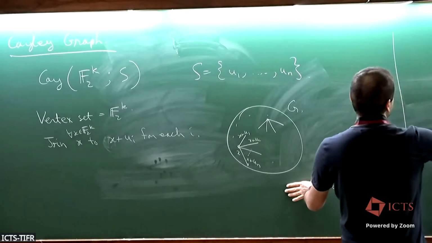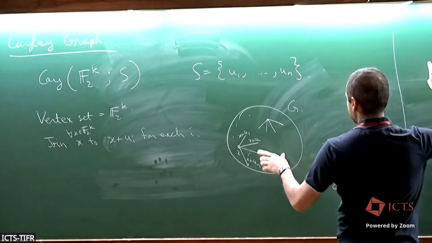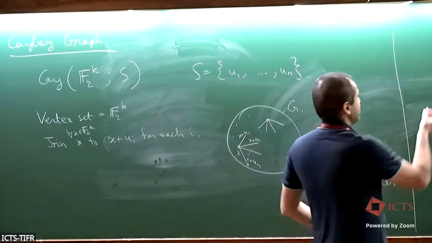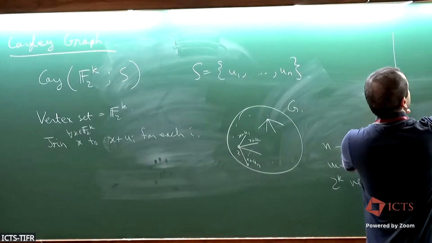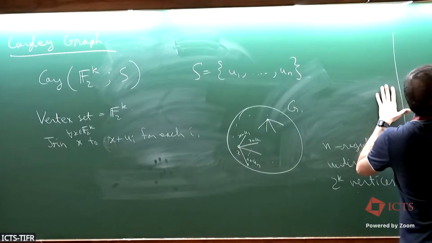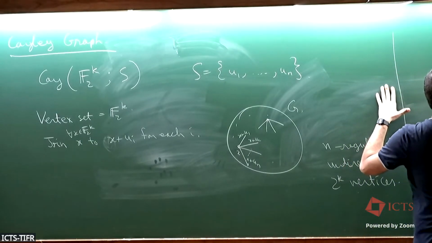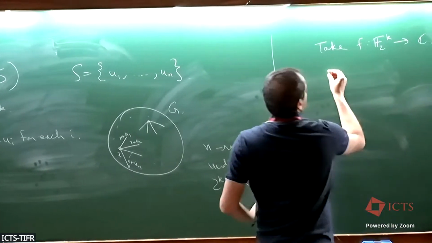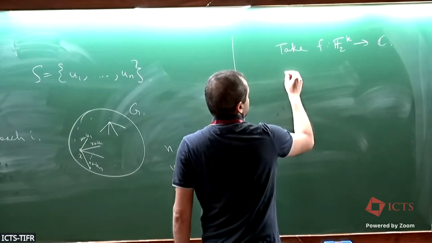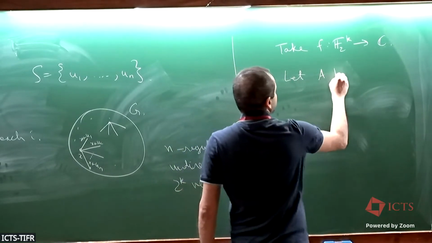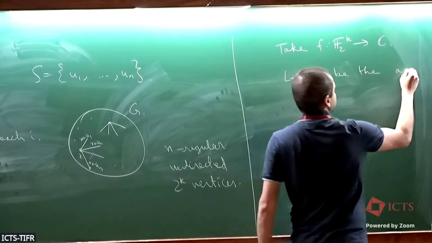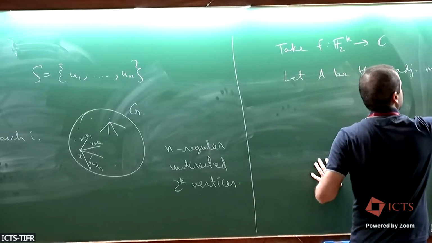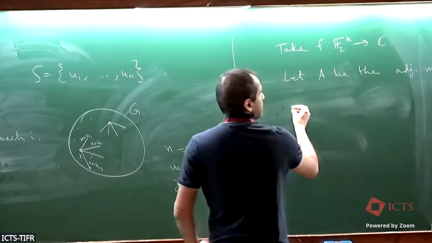So let's first see what the action is. Let's take the adjacency matrix of this graph and see its action on functions. So take f from F2 to the k to the reals or complexes, yes, complexes, and let A be the adjacency matrix of G.